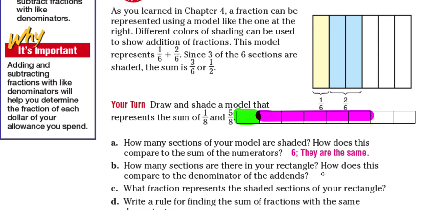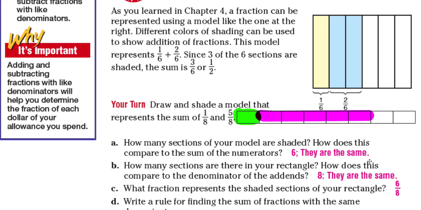How does this compare to the denominator of the addends? They are also the same. Remember what addends are: those are the numbers that you add to get a sum. And letter C, what fraction represents the shaded sections of your rectangle? We answered that already. That would be 6/8.